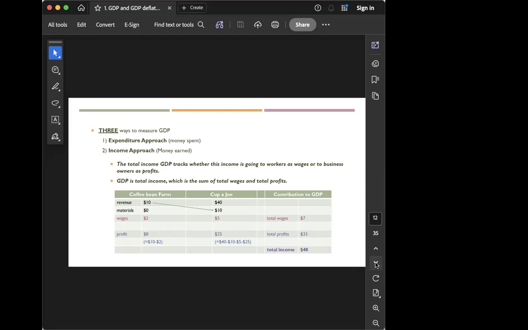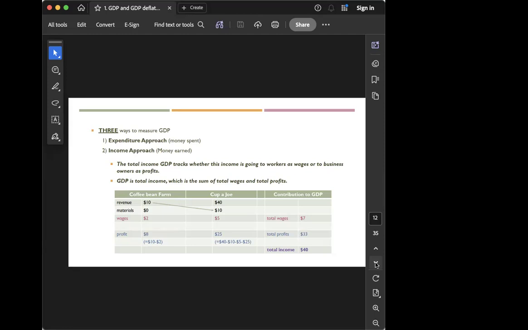So I brought some examples here. Let's look at it. A coffee bean farm earns revenue, pays wages, and keeps the rest as profit, right? And suppose they sell coffee beans to Copa Joe, because I go there a lot. If we add total wages and total profits, we get total income.